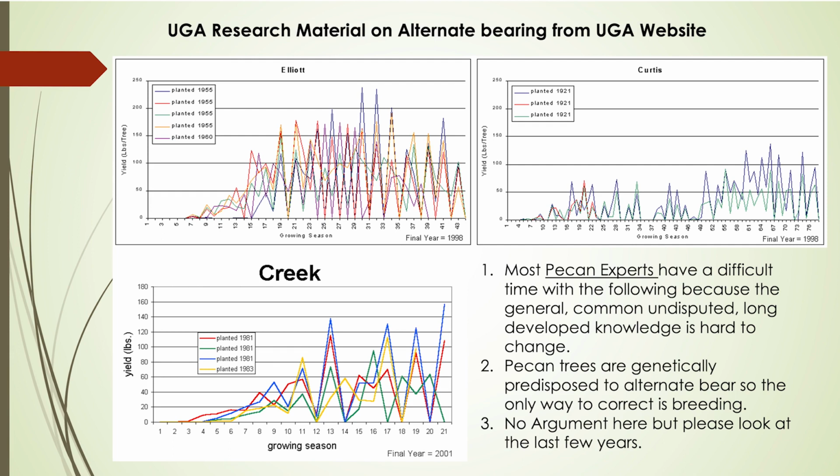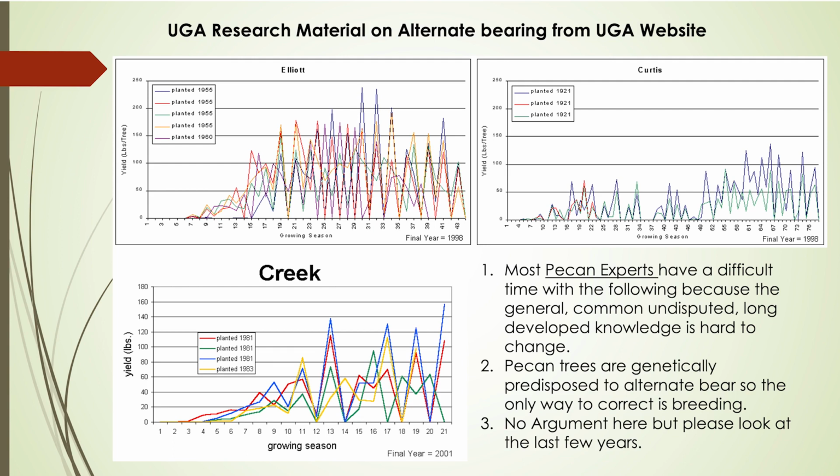I felt very fortunate to come across some Curtis information because not many people grow Curtis, and it's been a pretty exciting variety for us to play around with because it is so dramatic in its alternate bearing. And again, the growing seasons all the way up to year 1998. It looks like some of these Curtises were planted in 1921, which is about 10 years after ours were planted. Creek, same thing. These creeks were planted in 1981 and 1983.